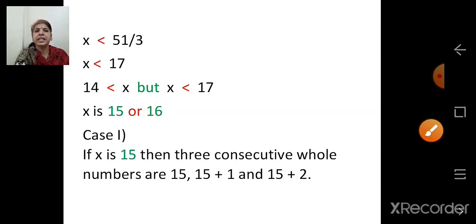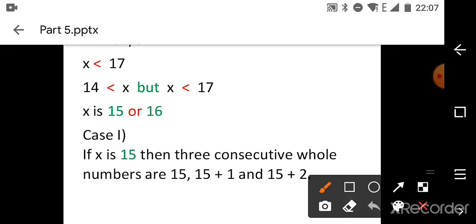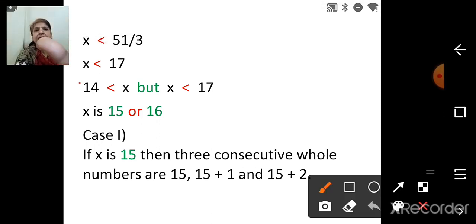Now x is less than. Now divide 51 by 3. So 51 divided by 3, you will get 17. X is less than 17. So what we have got is x is greater than 14 but less than 17.